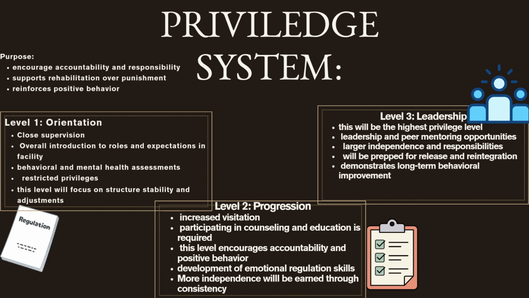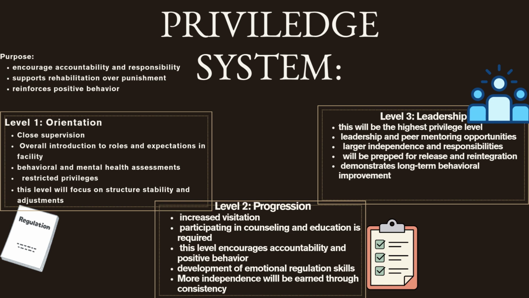discipline within the facility. The first level we consider orientation, where there is close supervision, an overall introduction to roles and expectations in the facility, behavioral and mental health assessments, and restricted privileges. This level will focus on structure, stability, and adjustment. The second level is progression, with increased visitation, and participation in counseling and education is required.